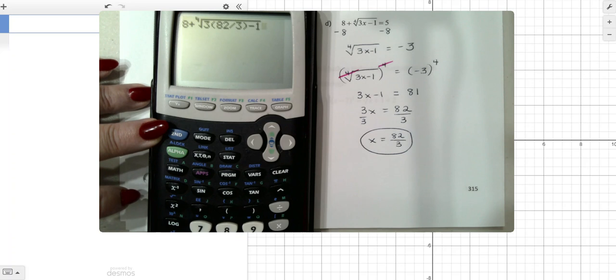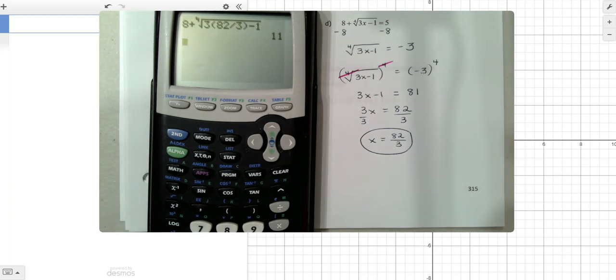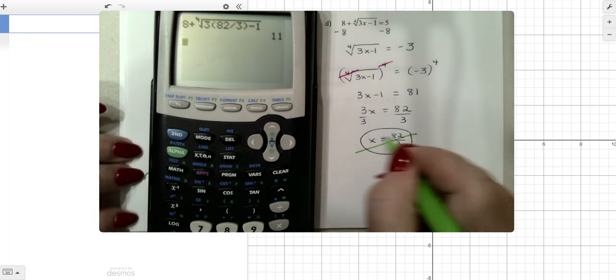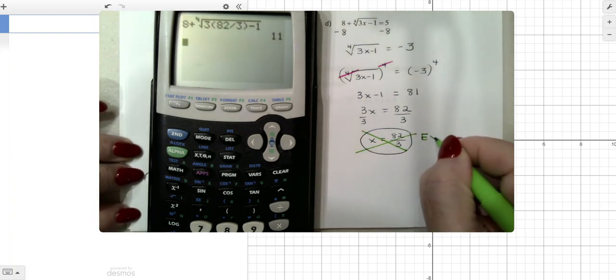It's supposed to be 5, but it's not. It actually gave me 11. So, even though I don't think we did anything wrong here, the answer I got didn't work. It's what we call an extraneous solution.